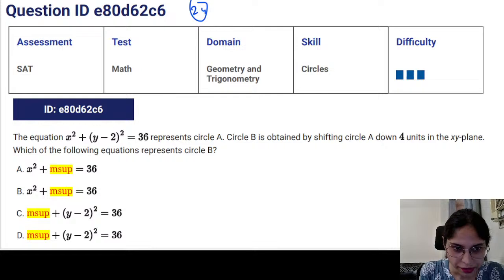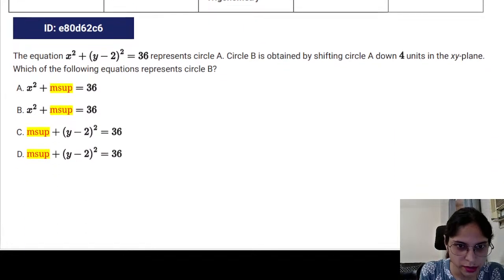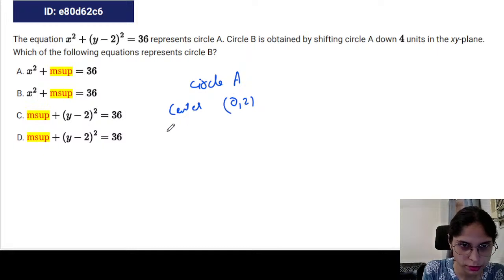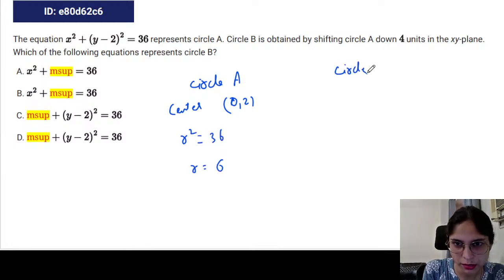So x squared plus y minus 2 whole squared equals 36 represents circle A. Okay, so let's write everything about circle A. Center is 0, 2. And then radius squared is 36, so radius is 6. Now how are we getting circle B?